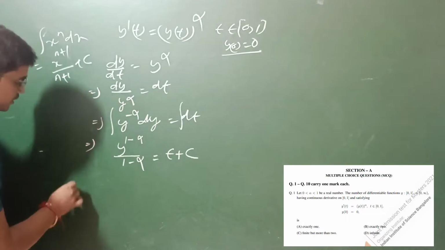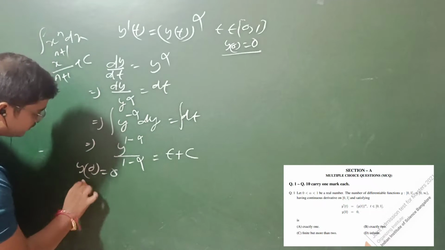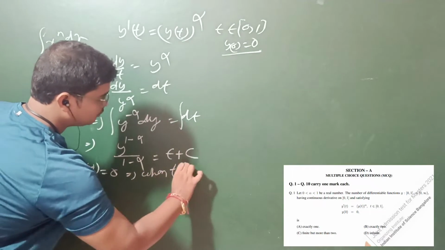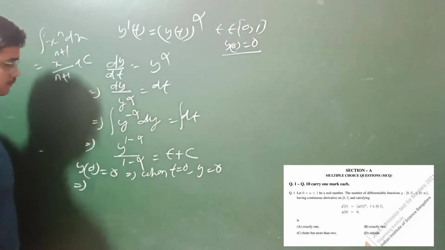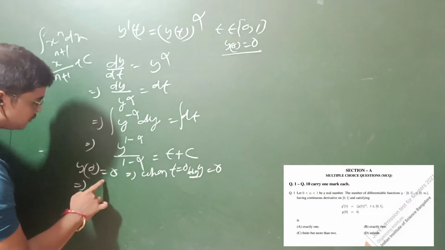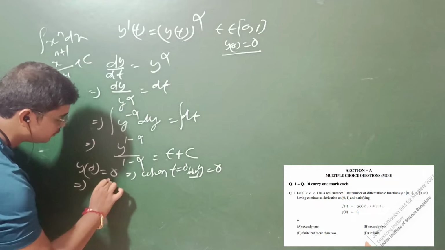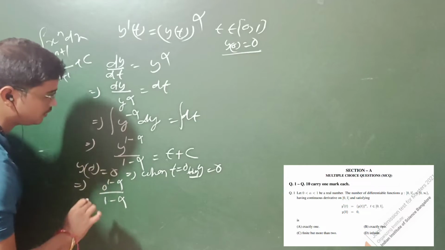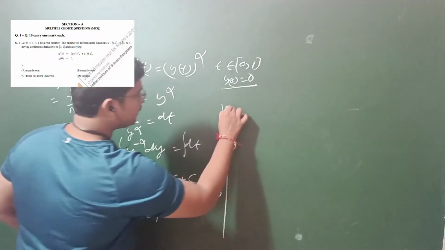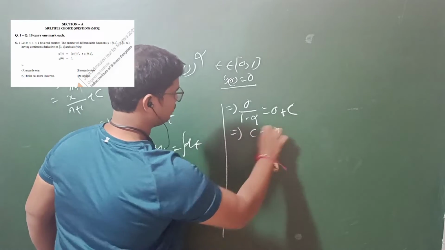Now the given condition is y(0) = 0, which implies when t = 0 then y = 0. So when t = 0, 0^(1-alpha)/(1-alpha) = 0 + c, which implies 0/(1-alpha) = 0 + c, which implies c = 0.